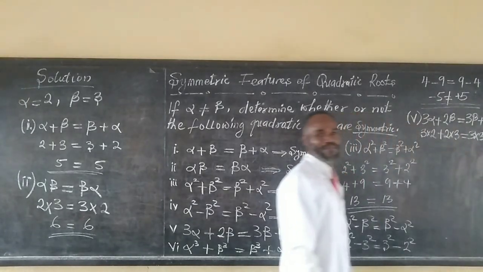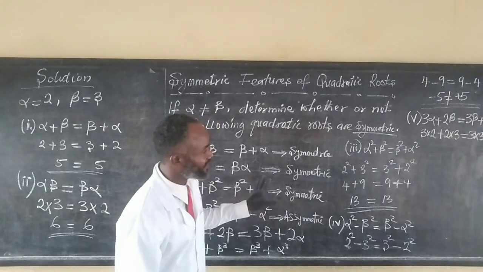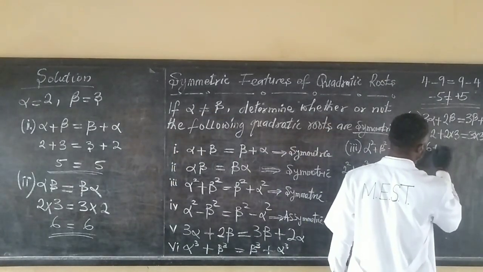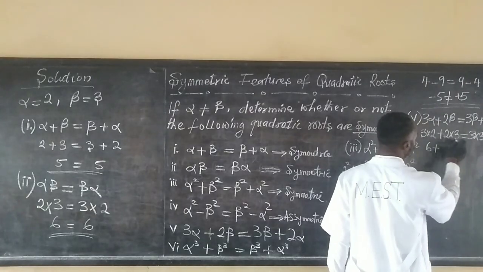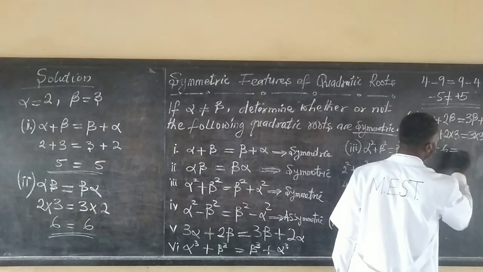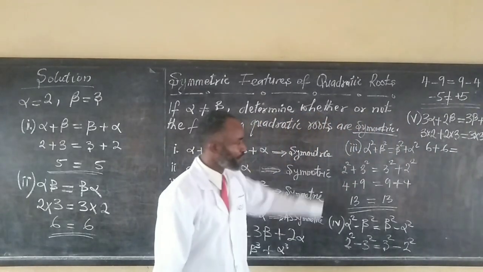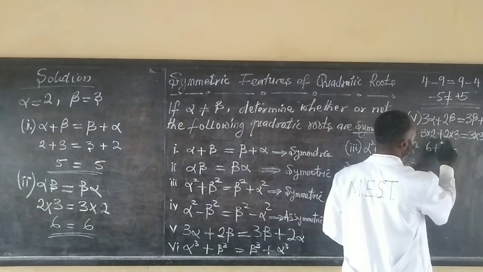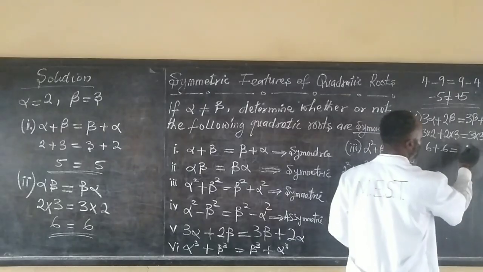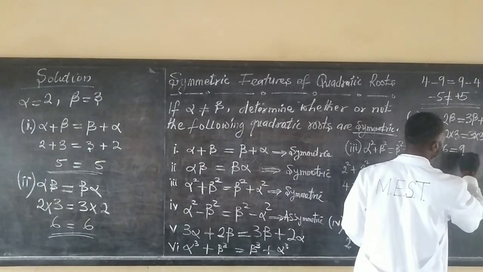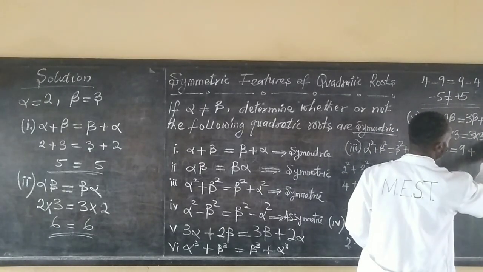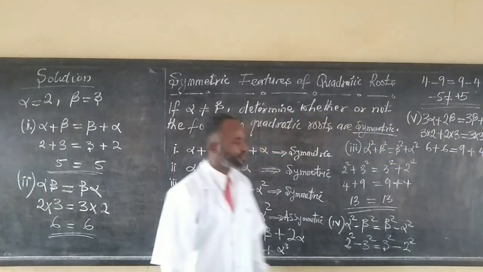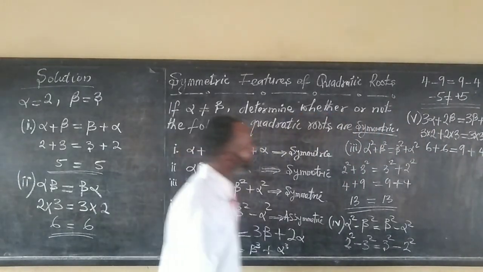So let's see, we have 3 times 2 is 6, and then 2 times 3 is also 6. Here, 3 times 3 is 9, plus 2 times 2 is 4. That makes a lot of sense.